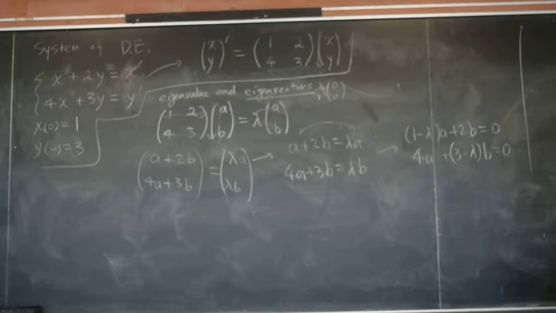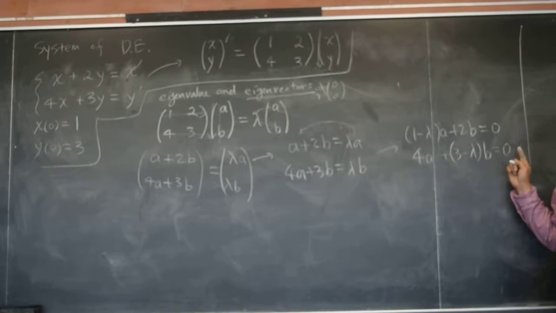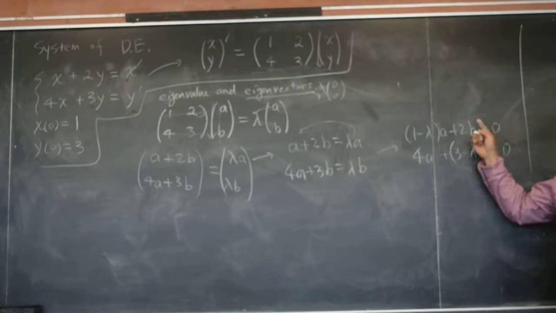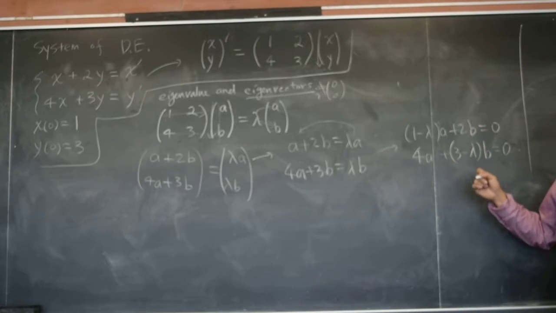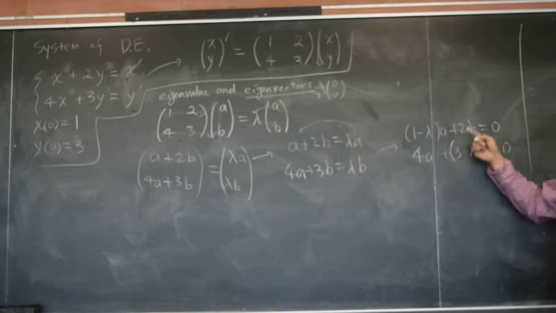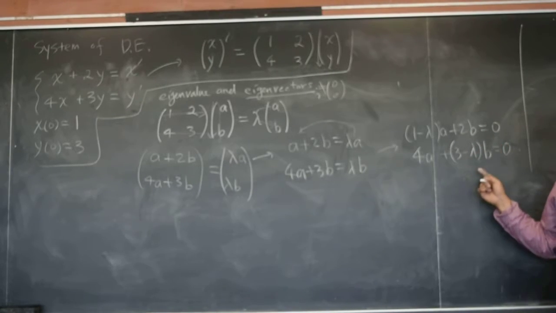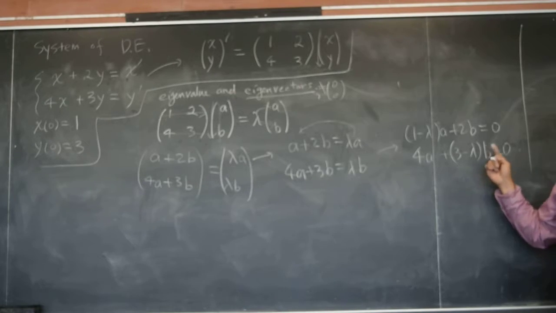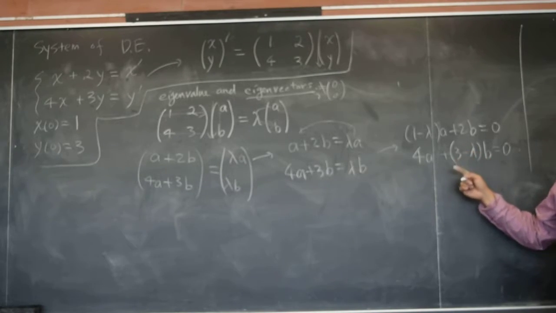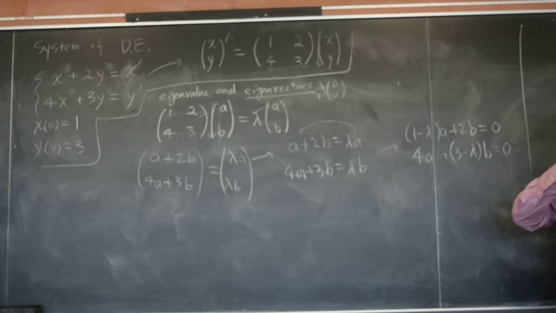If 0, 0 is already a solution, we're trying to find other solutions other than 0, 0. But if you have a system of equations with two unknowns, so think of lambda as some given value, so think of this as two equations with two unknowns, then you're supposed to get either one solution, or, how many solutions can this have?